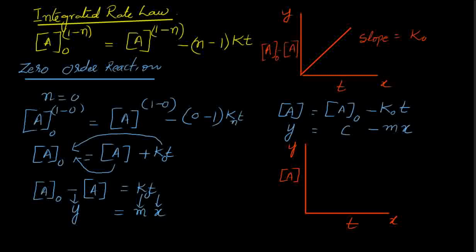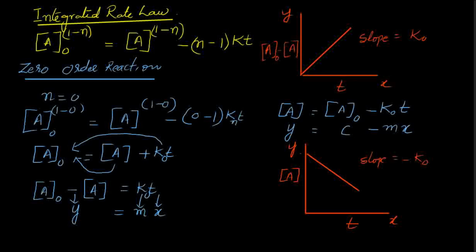Here m is the slope, and minus m is the negative slope, so the slope equals minus k naught, and c is the intercept.